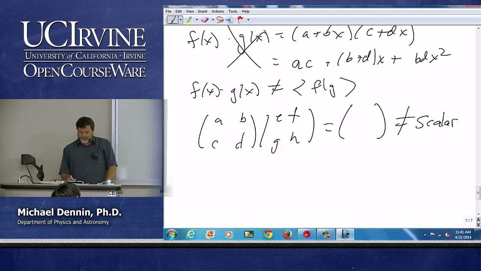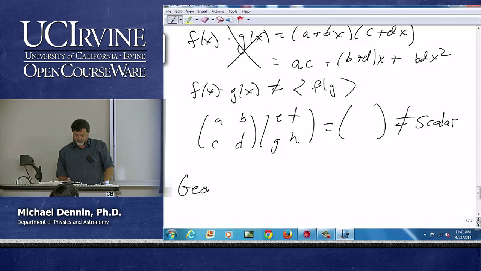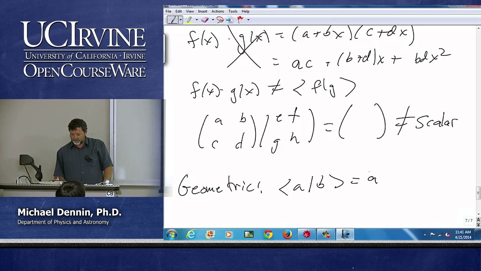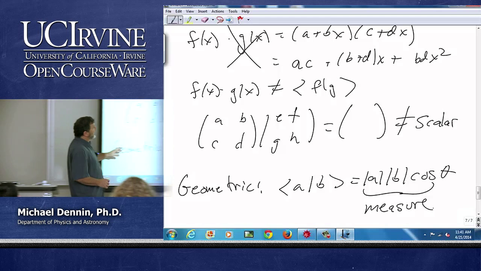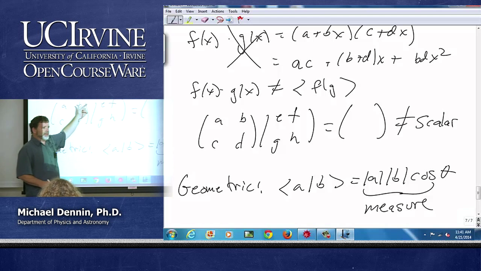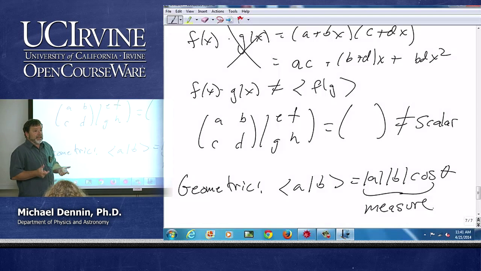Remember, for geometric cases, we had a natural definition of AB. It was the magnitudes times cosine theta, because these were things we could measure. What we're going to find is for these abstract spaces, there may or may not be a natural definition.